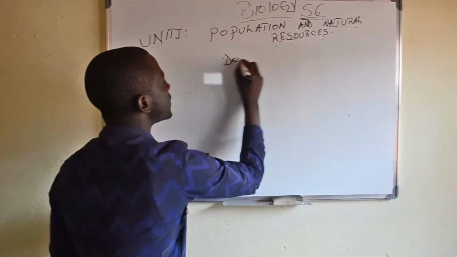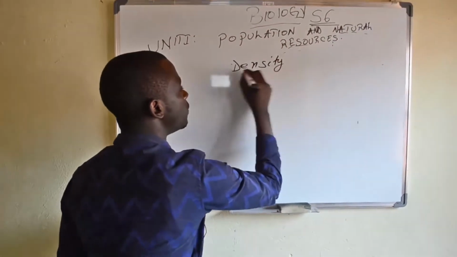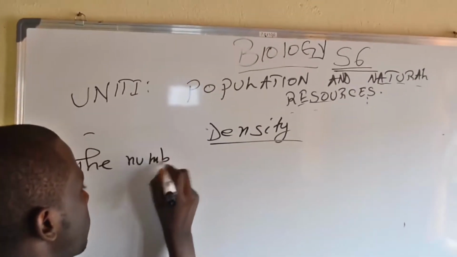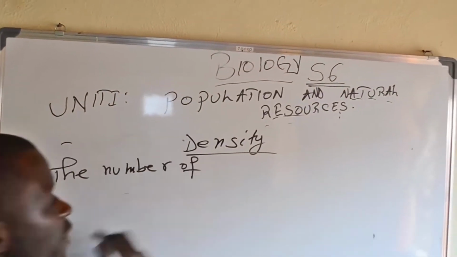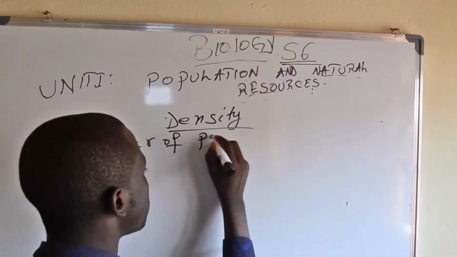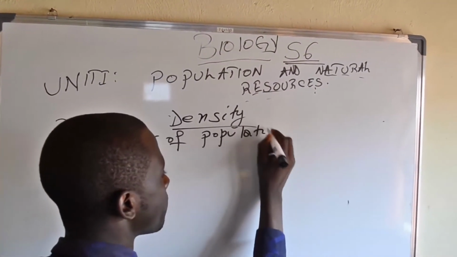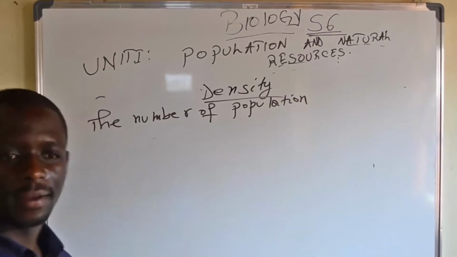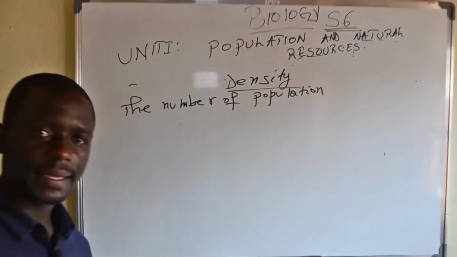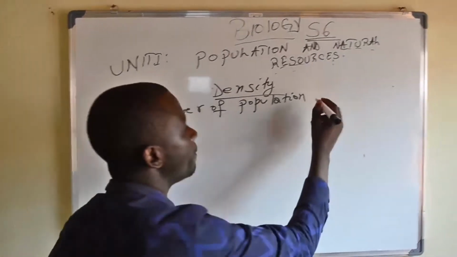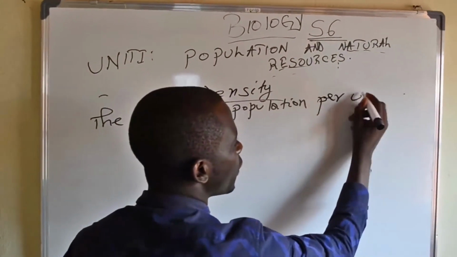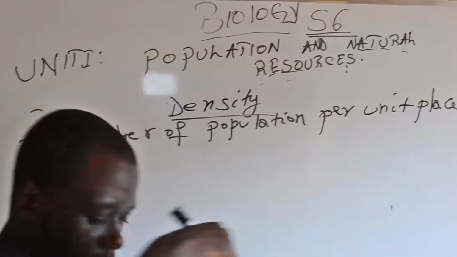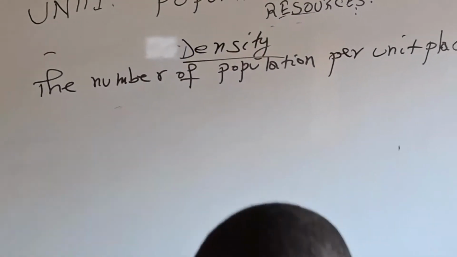Starting with density, it's the number of population per unit place, okay? A small example here.